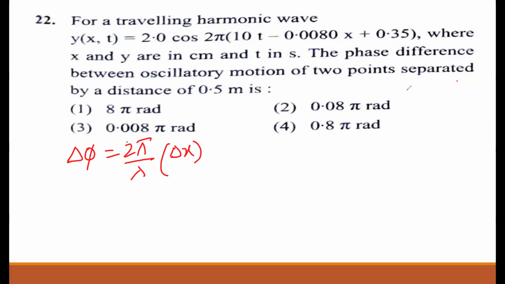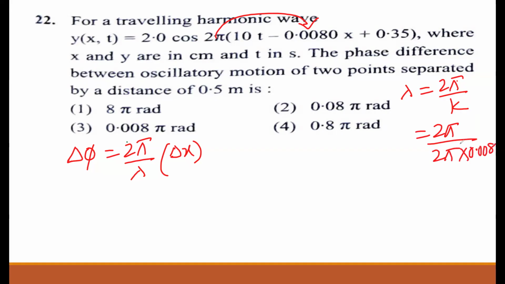But let us first calculate the wavelength, that is 2 pi by k, and k is 2 pi into this value. So 2 pi into 0.008. So that would be 1000 by 8. We can leave it like this because the options are in terms of 8. We'll check it out here.